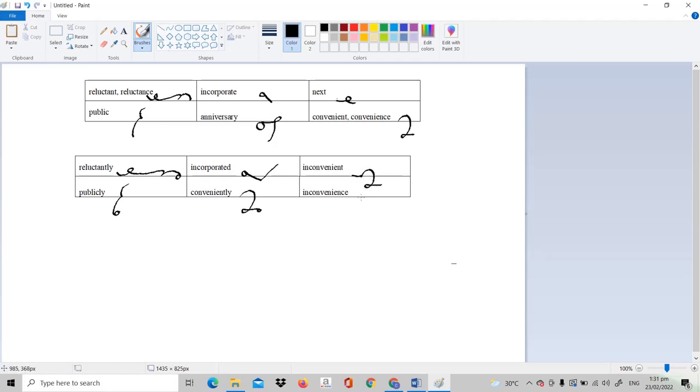Next, inconvenience. So we have inconvenience. The same. So inconvenient and inconvenience has the same stroke. Kasi nga si convenient and convenience have the same stroke as well. So pare-parehas na. Okay?